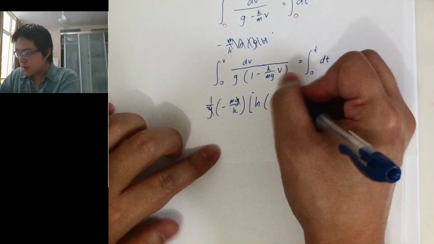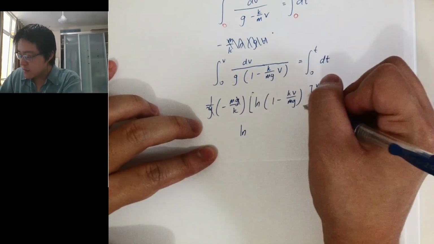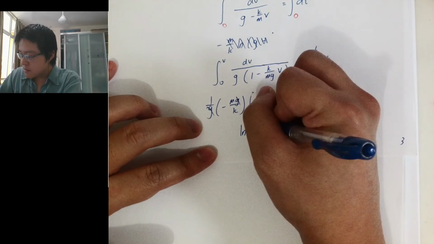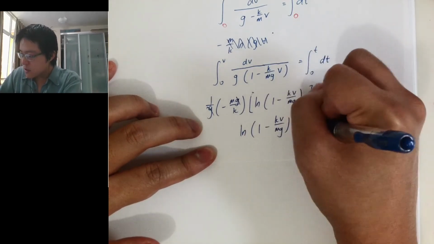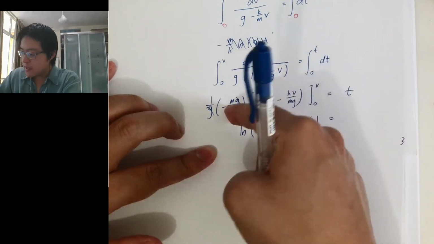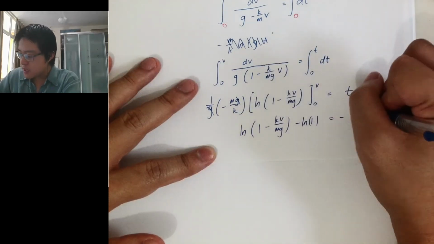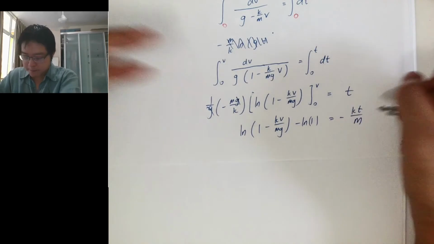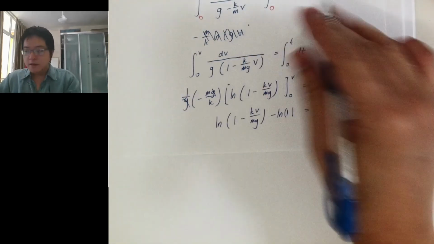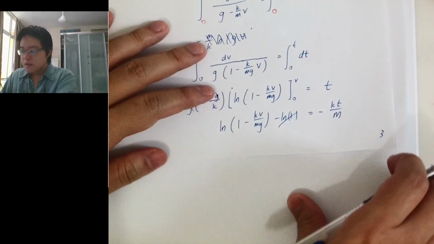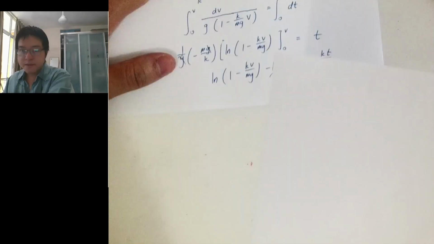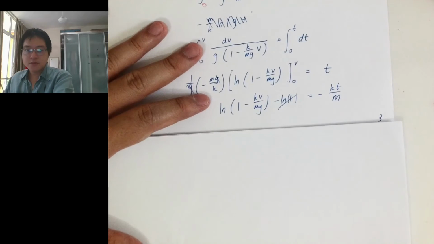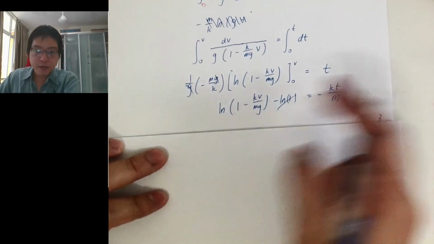If I plug in the limits, I get ln of 1 minus kv over mg, and then minus ln 1, which is 0, and then I bring the term over here, I get kt over m. Okay, so ln 1 is 0. I want to find v as a function of t, so just solve this equation for v. To solve for v, I just take the exponential of both sides.